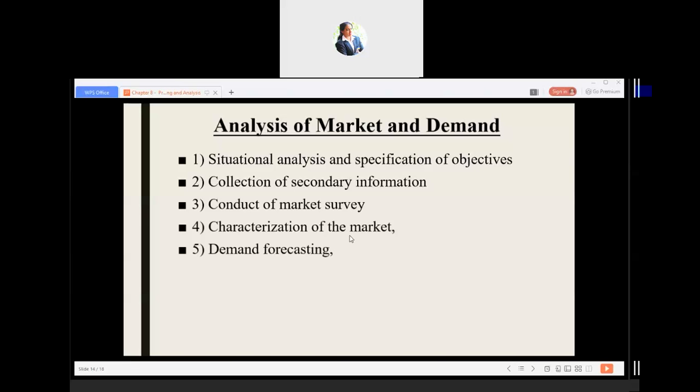It is also superior to the opinion method because it is a method of estimation and it is scientific in nature, and estimation is based on the relationship between two things or variables, the dependent variables and the independent variables.